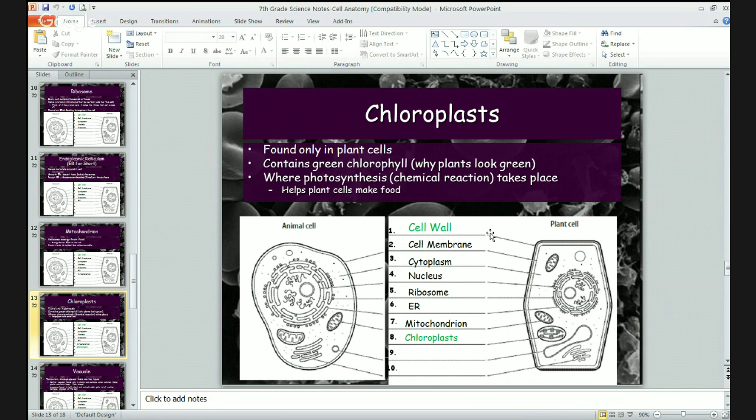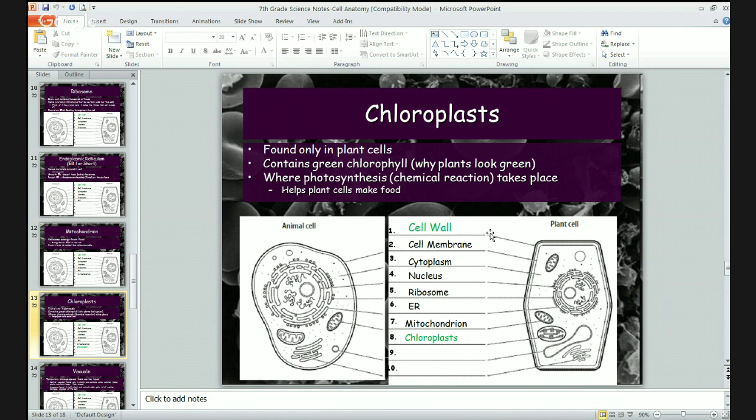Number 8, this is in green, so this is only going to be found in plant cells. If you notice, number 8 was only pointing to the plant cell, not to the animal cell. Your chloroplast, this is why your plants look green. It's because these chloroplasts make this pigment called chlorophyll. Chlorophyll is green, so your plants look green. That's why we don't look green, because we don't have chloroplasts to make chlorophyll.